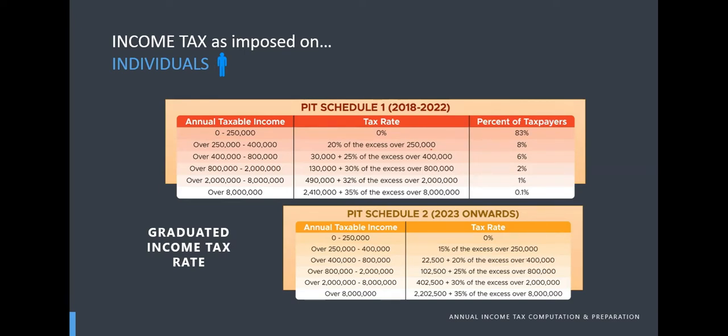If the income is over 8 million, the initial tax is 2.4 million plus 35% of the excess, while in 2023 it will be reduced to 2.2 million plus 35% of the excess over 8 million.